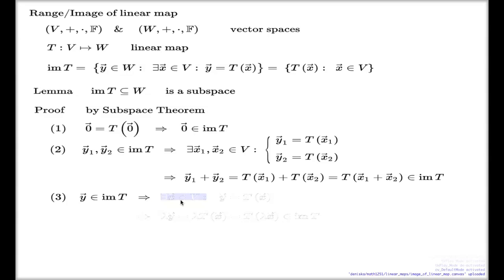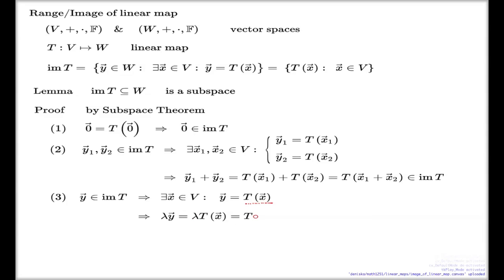I interpret what that means. It means that I have a vector x in the domain such that this y is given as a result of T acting on x. Now, if I'd like to see the scaled vector lambda y is a part of the image, I make this observation. First, I replace my y with T of x, is a replacement.